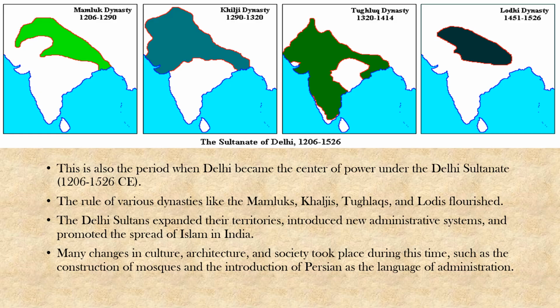The Delhi Sultans expanded their territories, introduced new administrative systems and promoted the spread of Islam in India. Many changes in culture, architecture and society took place during this time, such as the construction of mosques and the introduction of Persian as the language of administration. Before Persian, the language of administration was Sanskrit.